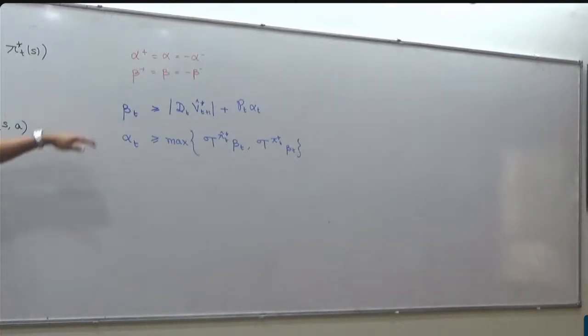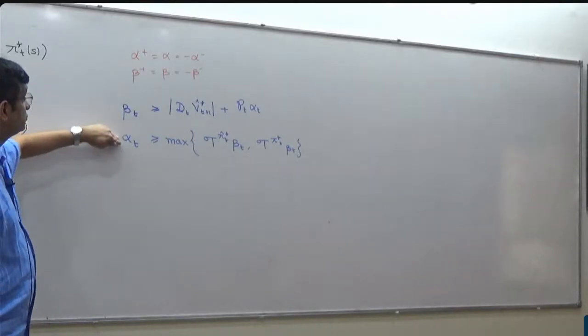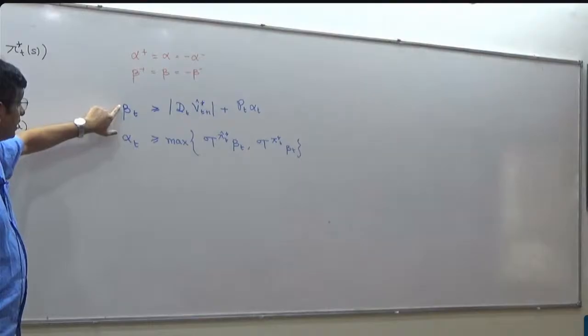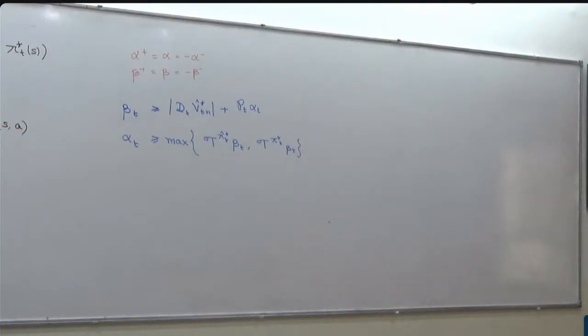If I ensure both of these things, I can show that this guy satisfies this dynamics, and it also satisfies this dynamics, and I can show negative of that guy satisfies this dynamics and also satisfies this dynamics. Okay.